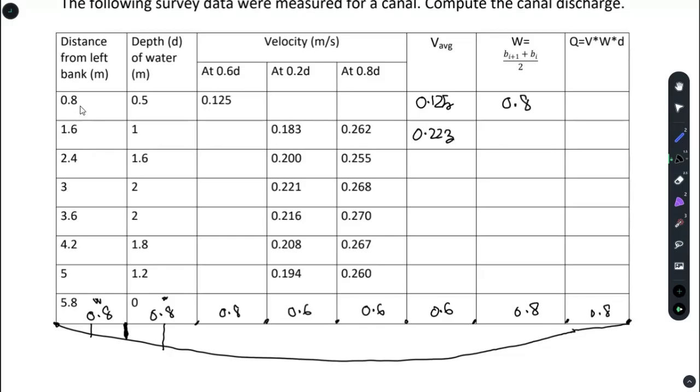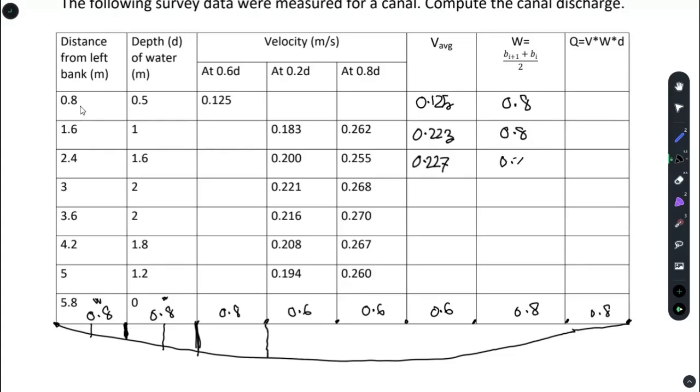And for the second one, this is somewhere over here. You have half of 0.8, and you have half of 0.8, so it would produce 0.8 as well. And for this one, it would produce an average velocity of 0.227, and you get half of 0.8, which is 0.4, and half of 0.6, which is 0.3.